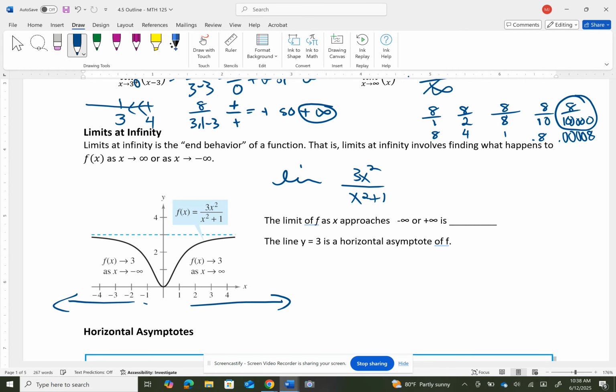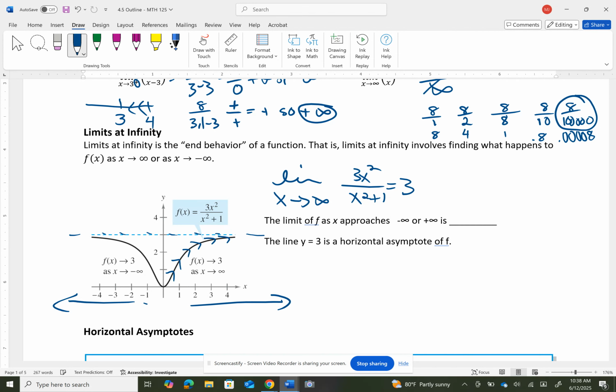If we were looking at the limit of that as x approaches positive infinity, what we're noticing from the graph is that as we let x go towards positive infinity, our function seems to be getting closer and closer to this horizontal line right here at 3. So the limit of the function as x approaches positive infinity would turn out to equal 3.